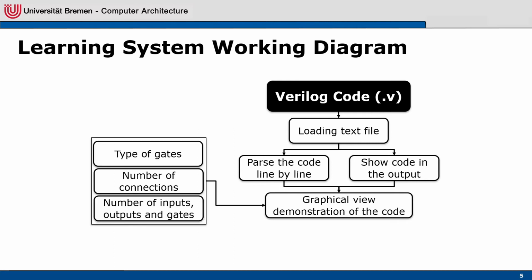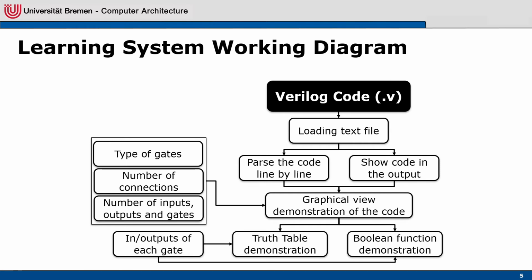Then the system starts drawing the graphical model of the circuit based on the Verilog code, type of gates, number of connections, number of inputs, outputs, and gates. Also, when the student taps on a gate in the graphical model or a line of code, the system shows the truth table and the Boolean function that correspond to that particular gate.